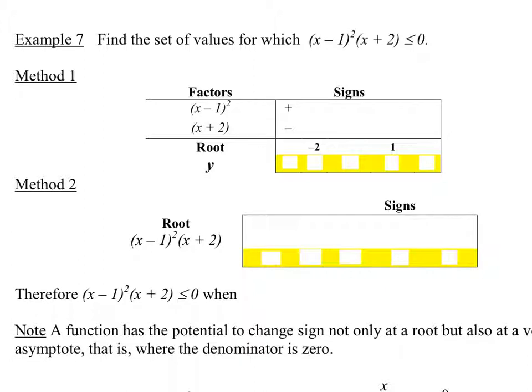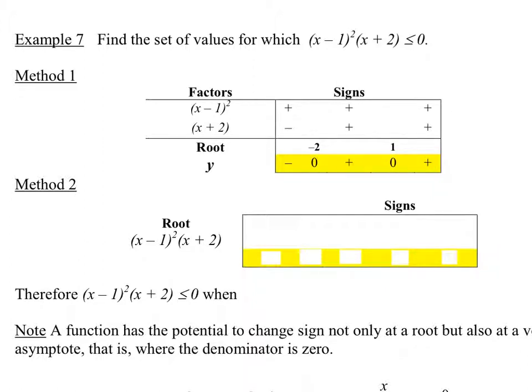So we'll have a positive and a negative, and if we multiply those two things together, what we'll get is a negative. And to save time, I'm just going to do the rest of those very quickly now.